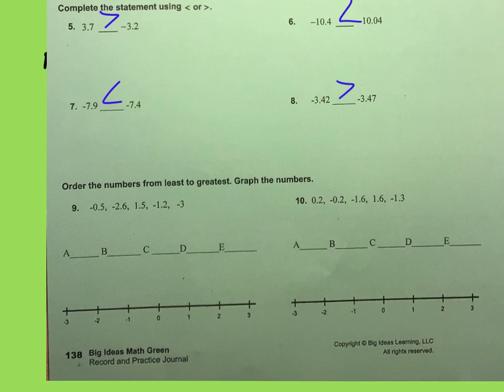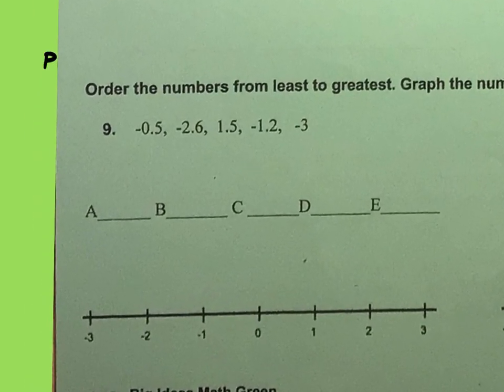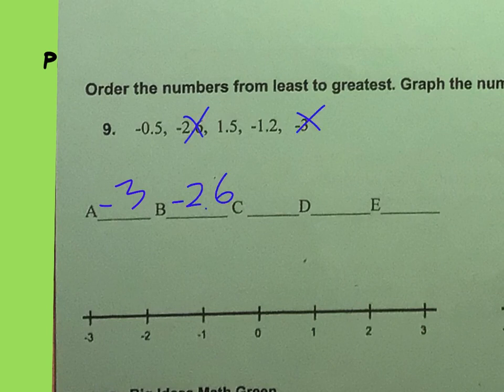All right, ordering from least to greatest. Some more of this. And guys, all right, I made a mistake, so I'm going to try this again. All right, so first number we're going to run into is -3. Then we're going to run into -2 6/10. Then -1 2/10. Then -1/2.